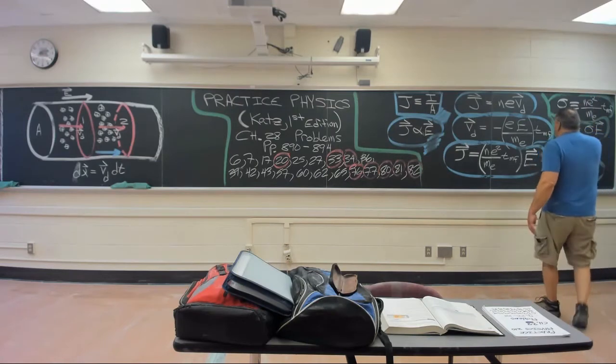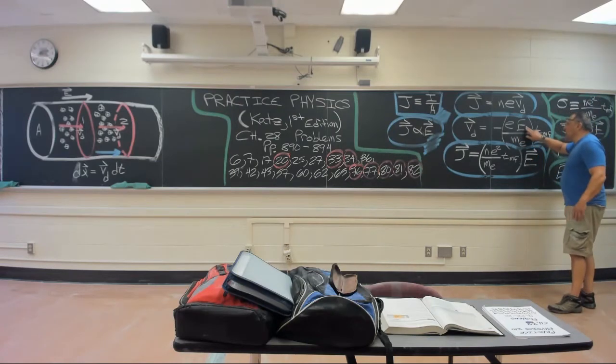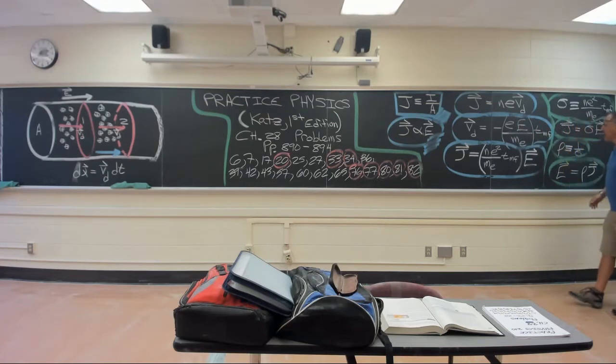Well, charge times E field is force. Force divided by mass is acceleration. Acceleration times time will give you the velocity that's attained. Some sort of mean time between collisions with other charge carriers.